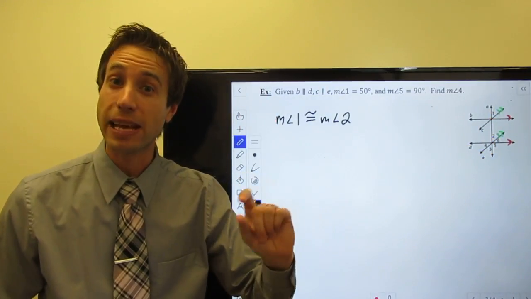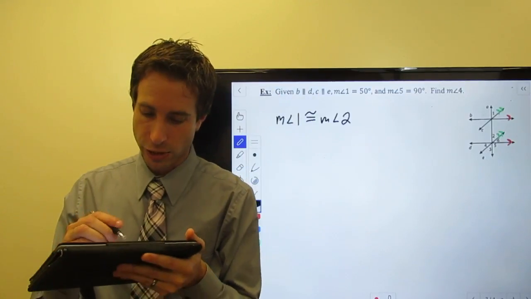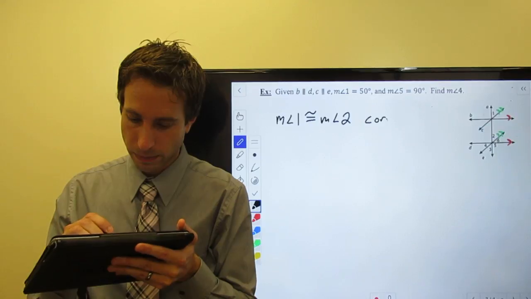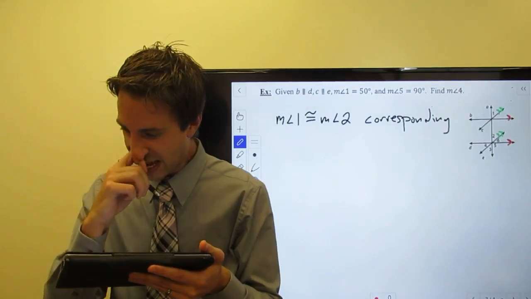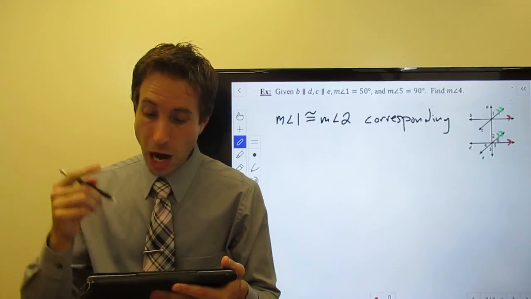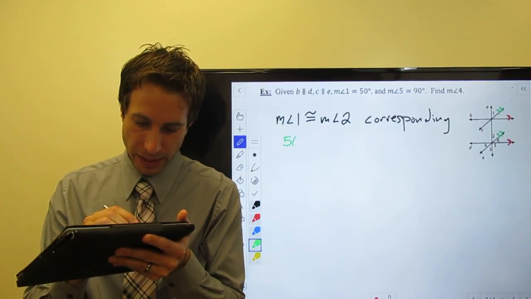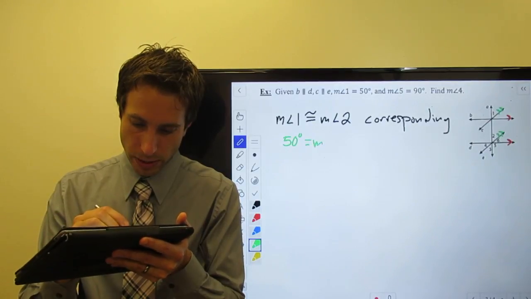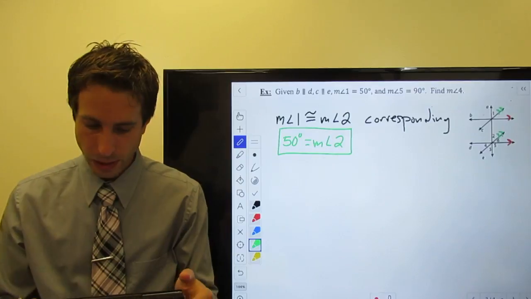They're both in the same position in different intersections. They're corresponding. Okay, let's keep going. Since I know the measure of angle 1, so 50 degrees is equal to the measure of angle 2. So there we go, now I know angle 2.